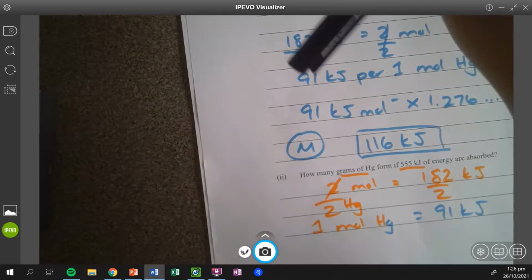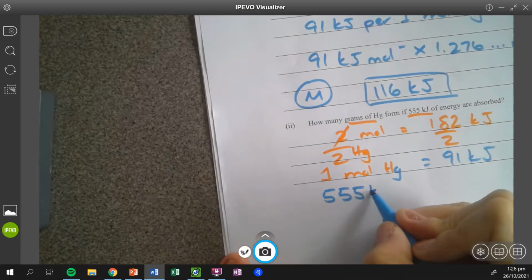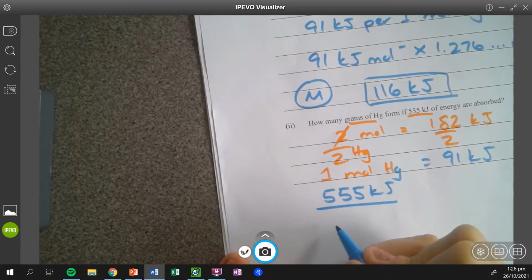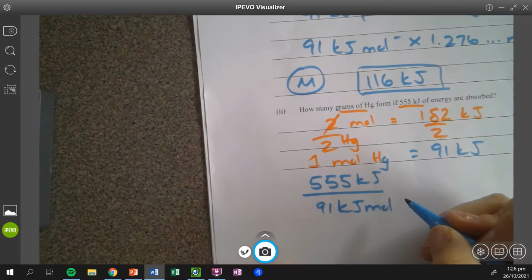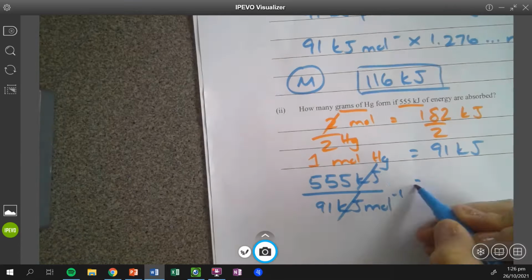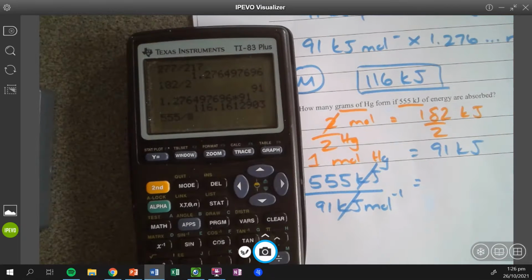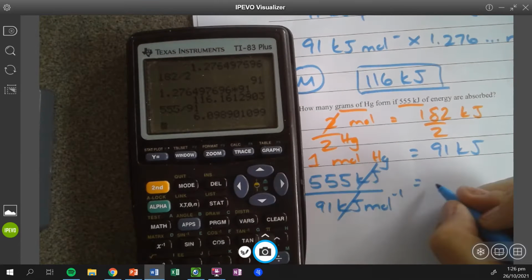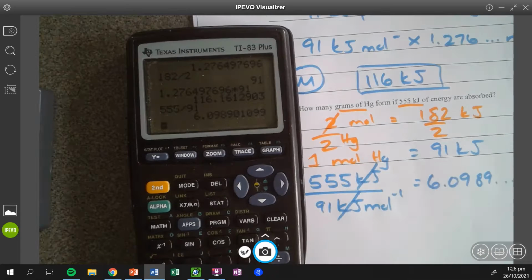All right, check your ratios, do some stoichiometry. So I have 555 kilojoules divided by 91 kilojoules per mole. Are we okay with that? Kilojoules cancel out, and what that tells me is how many moles that I need. 555 divided by 91 equals 6.0989... moles. Are we good with that so far?